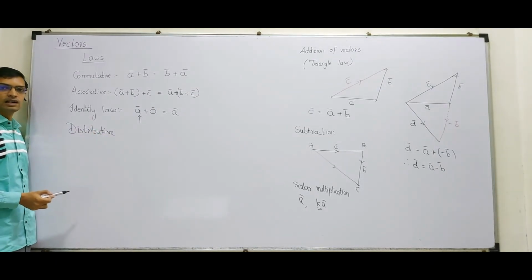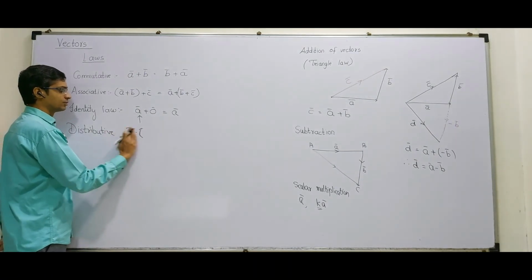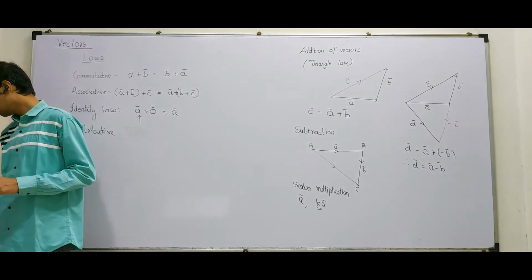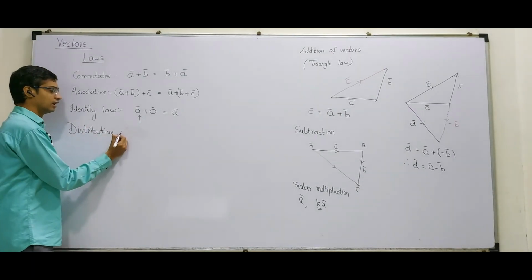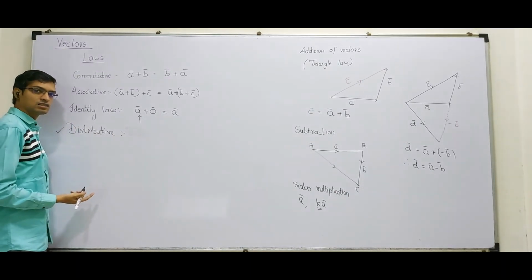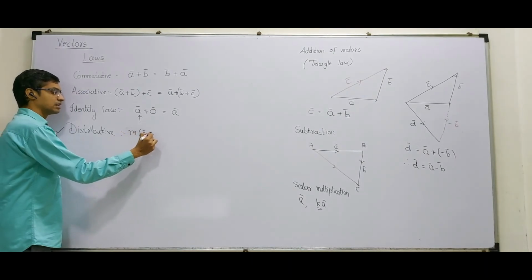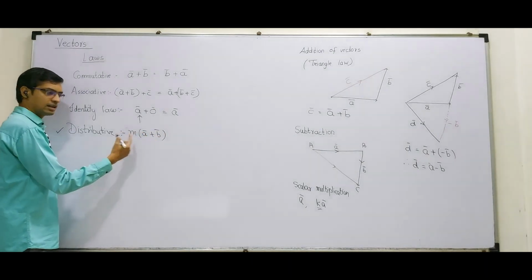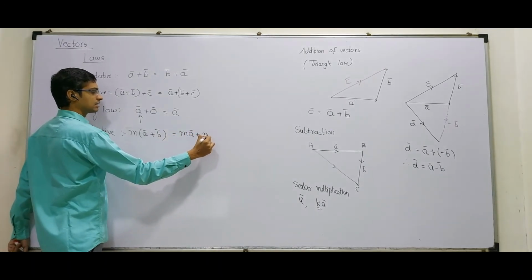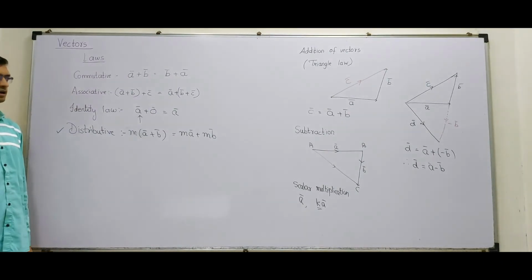We'll learn in much more detail further when we learn vectors in detail. So if I say m times A bar plus B bar, m is a scalar, this can also be written as m A bar plus m B bar.